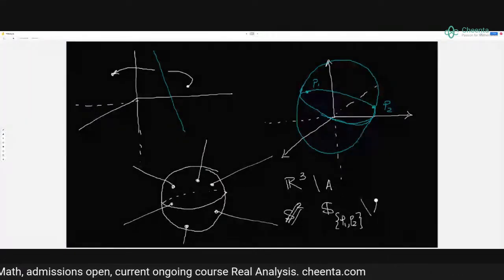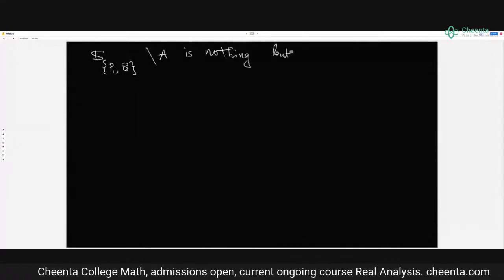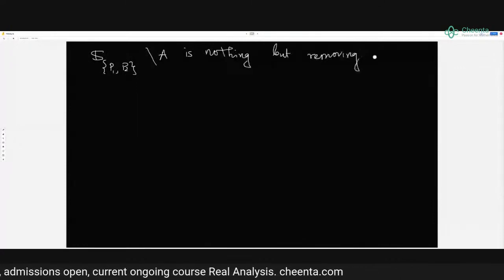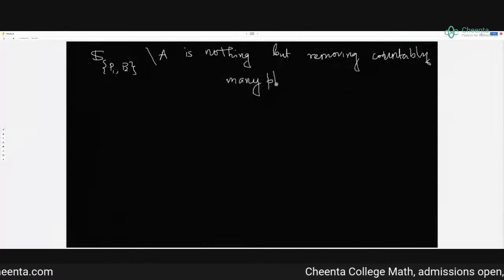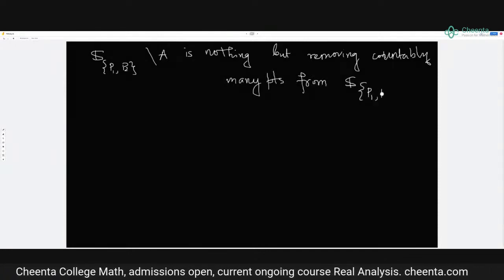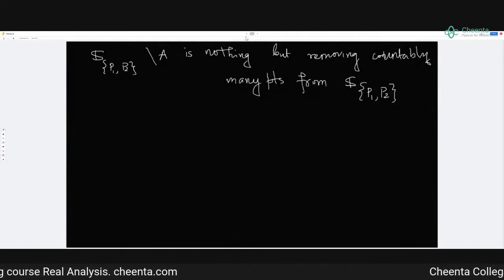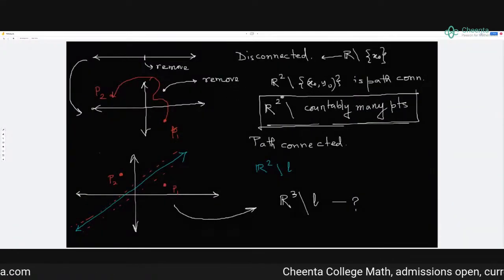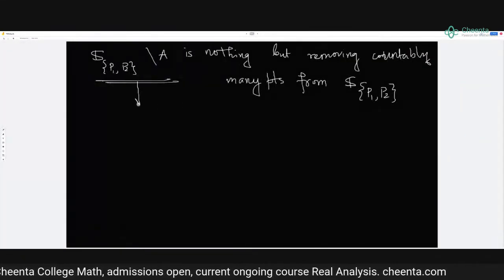So S containing P1, P2, minus A, is nothing but removing countably many points from S. Now removing countably many points from S is exactly the same scenario as removing countably many points from R2. Hence this is always path connected.